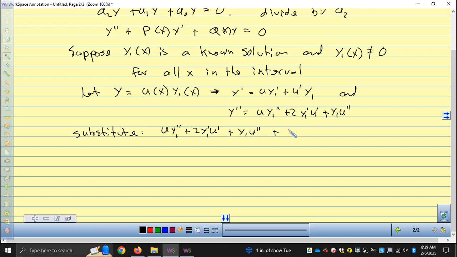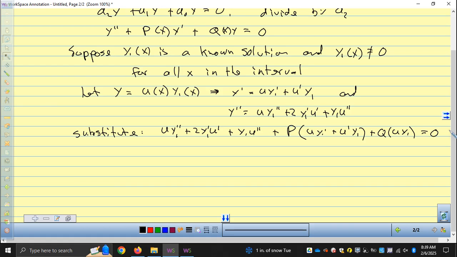I'm just going to write that as p times this: u y1 prime plus u prime y1, plus q of x y. I'm just going to write that as q times y. That's u y1. And that equals 0.